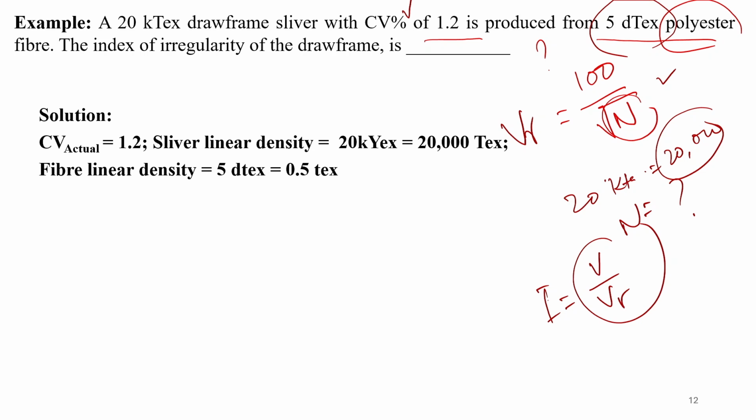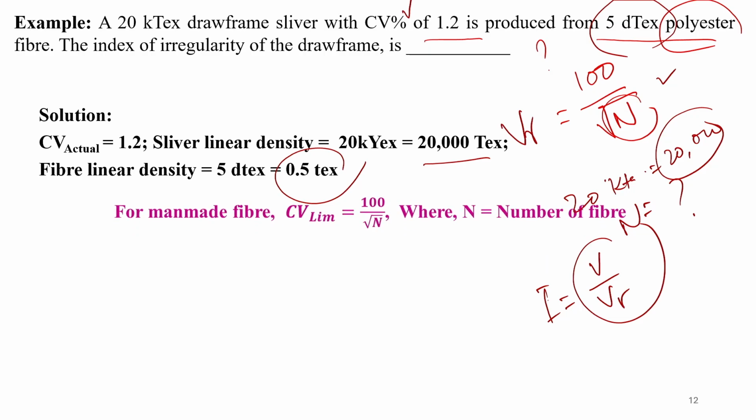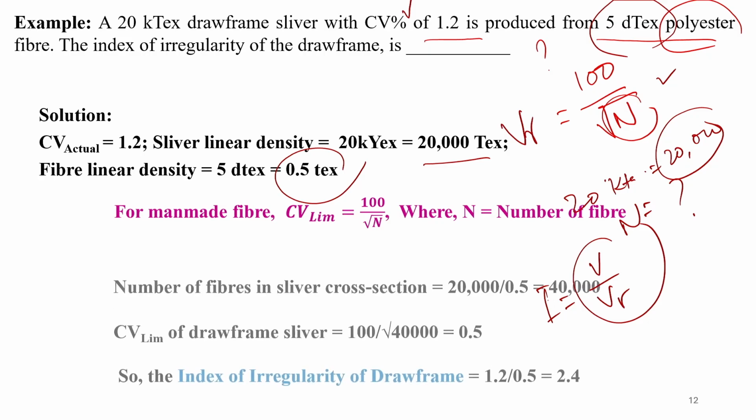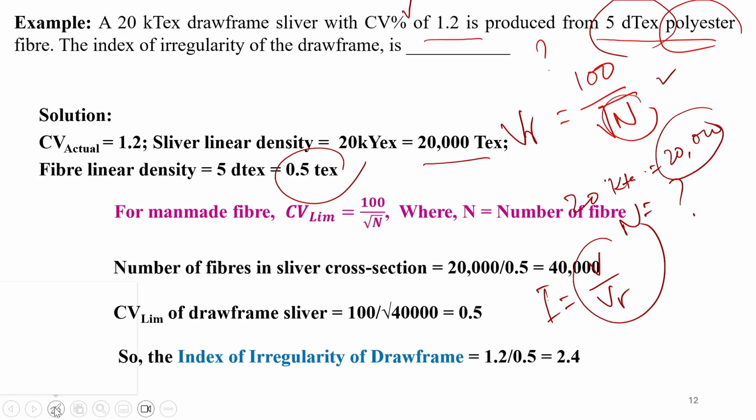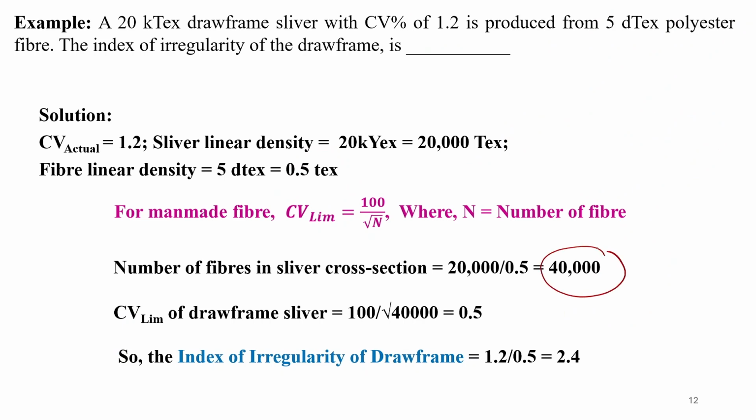So, actual CV is 1.2, sliver linear density is 20 kilotex, 20,000 tex, and fiber linear density is 5 decitex, that means 0.5 tex. The number of fibers in the cross section will be 20,000 divided by 0.5, it will be 40,000. So, 40,000 fibers are there, and the limit CV of the draw frame sliver will be 100 by square root of n, that is 40,000, it is 0.5.